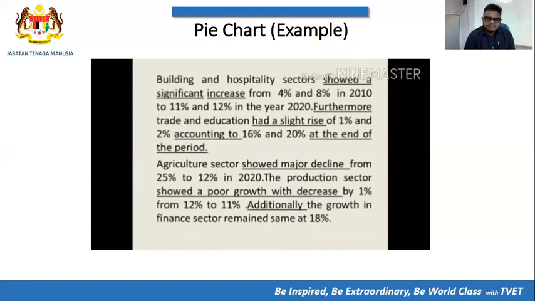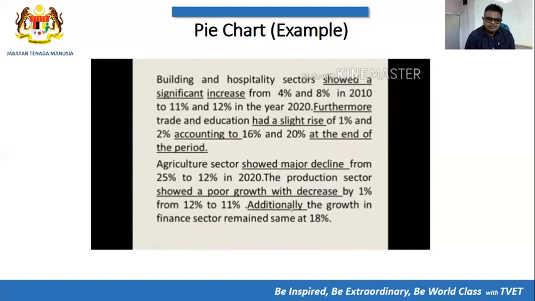Now if you talk about paragraph 3, here you have to show the poor growth or the sectors which remain the same. Your agriculture sector has declined. Declined means it is showing a poor growth.